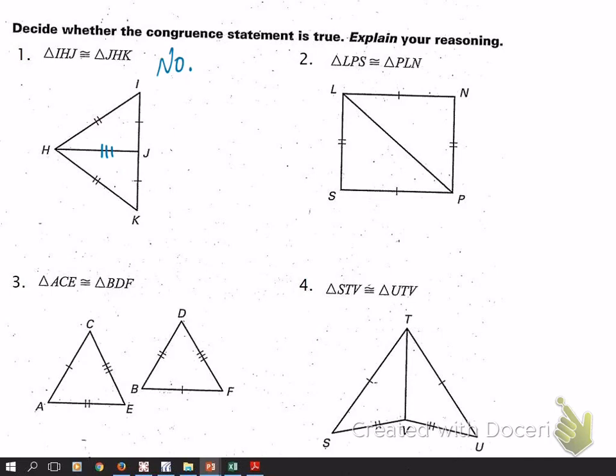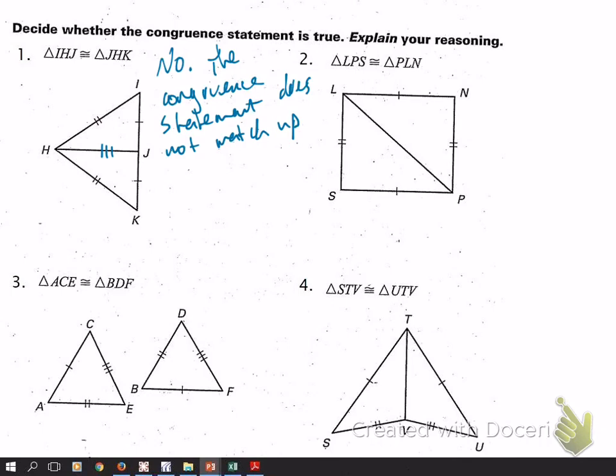To explain your reasoning, you can say something like, the congruence statement does not match up, and that'd be enough. Okay.